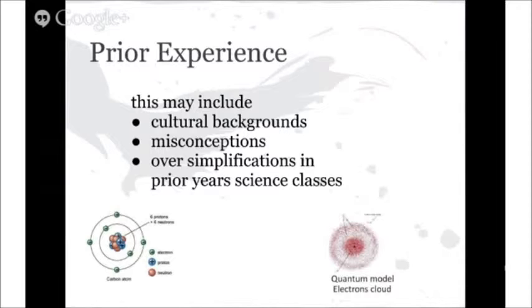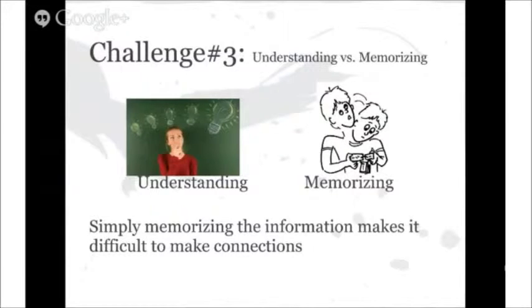Oversimplifications like this, set from prior years, form a barrier and interfere with the student's ability to see things and transfer what they do know into a new context. Understanding versus memorizing. It is easier to transfer information and make connections to content students understand versus information that is simply being memorized.